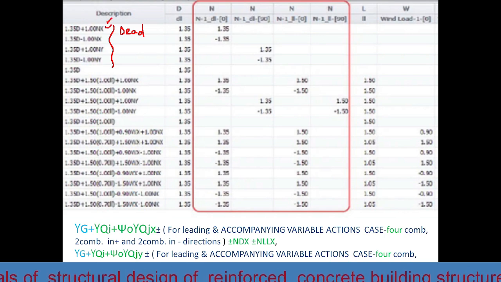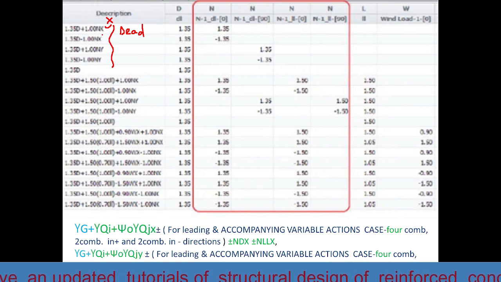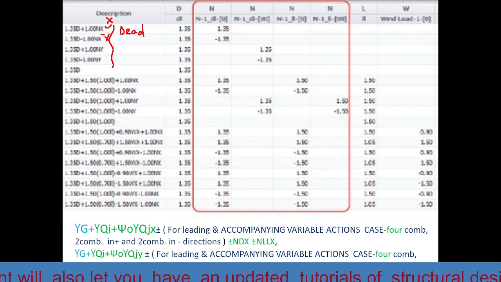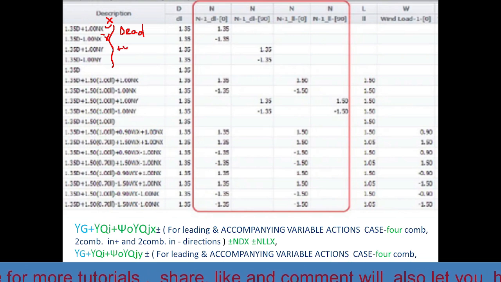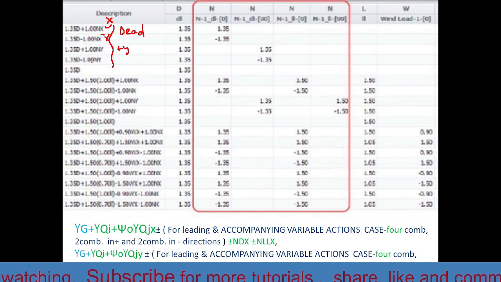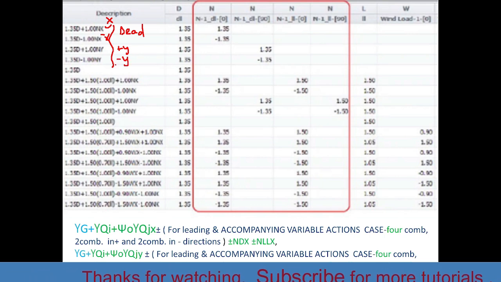This is in x direction, and this one is in minus x direction, and this one is in positive y direction, and this one is in negative y direction.